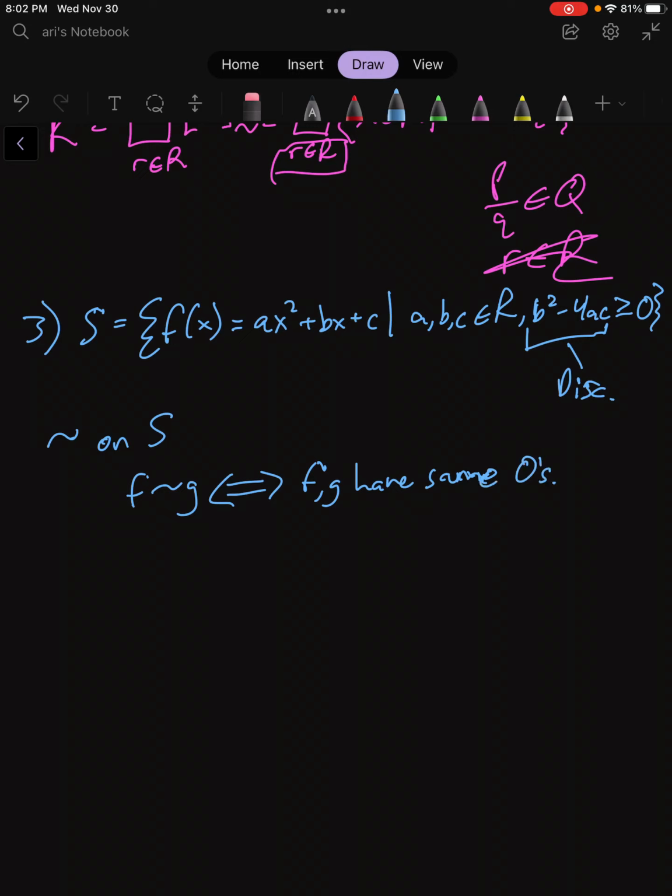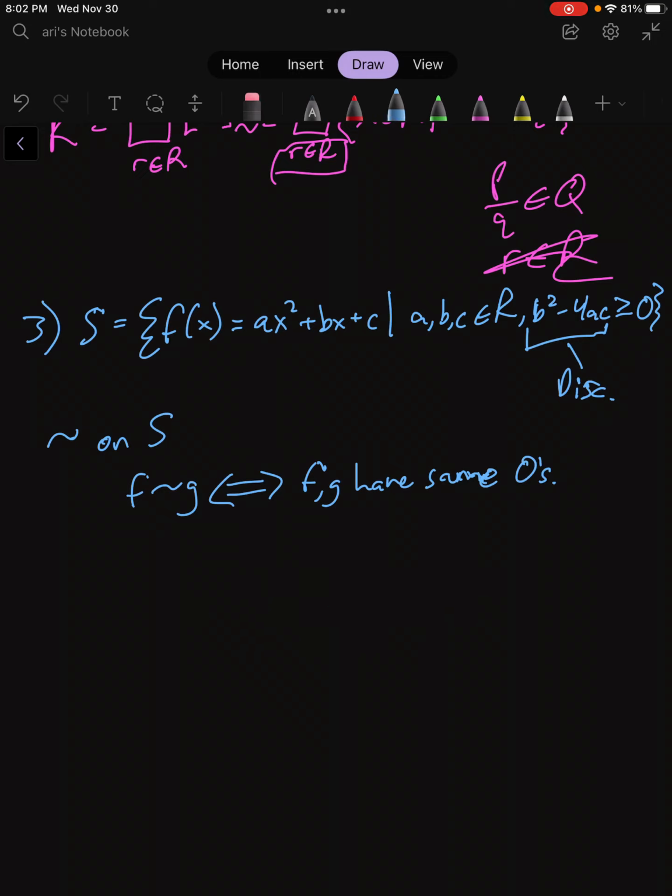Okay, so basically we have this set S, and it's not a set of numbers like we are used to. Like Z is a set of numbers. It's like -5, -4, -3. It goes to infinity and it goes down to -infinity. It's all the integers, right? So this set, we actually have a set of quadratic functions.